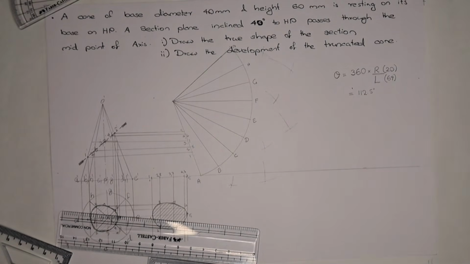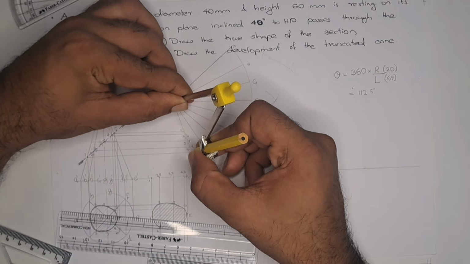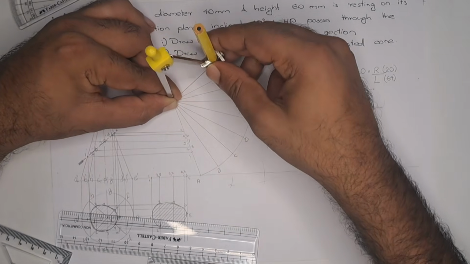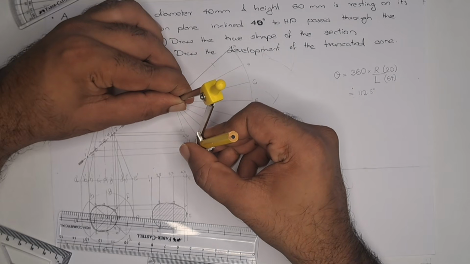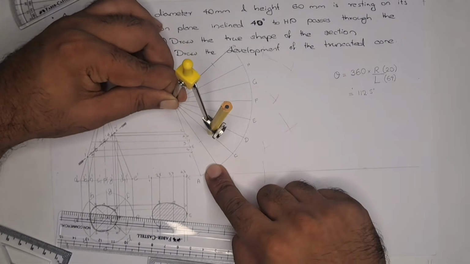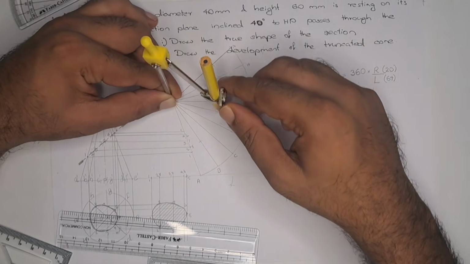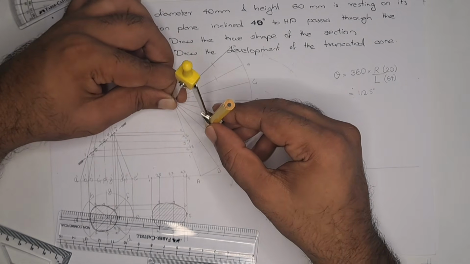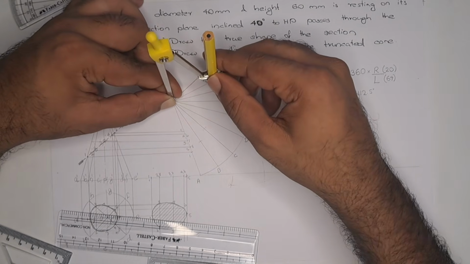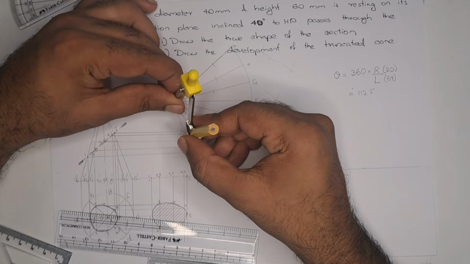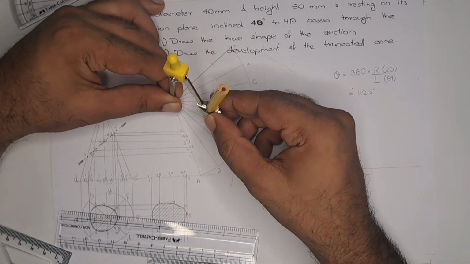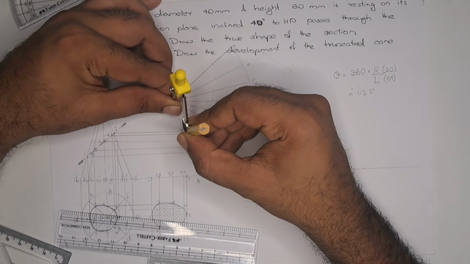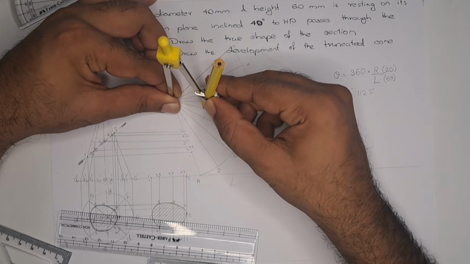Now it's time to draw the distance 1 to A and the last A. 2 to B and 8 to H. 3 to C and 7 to G. 4 to D and 6 to F. 5 to E over here.